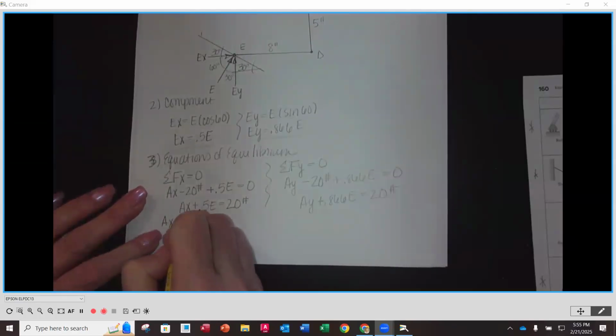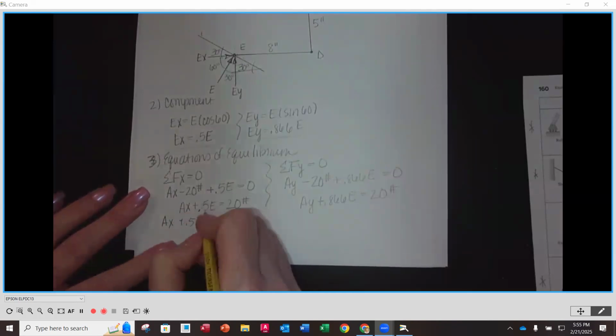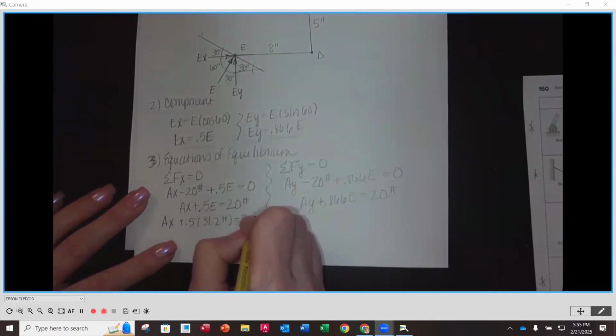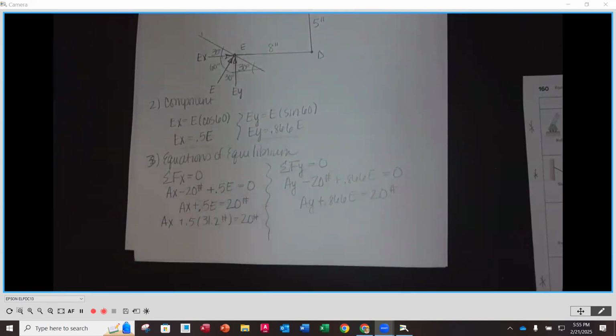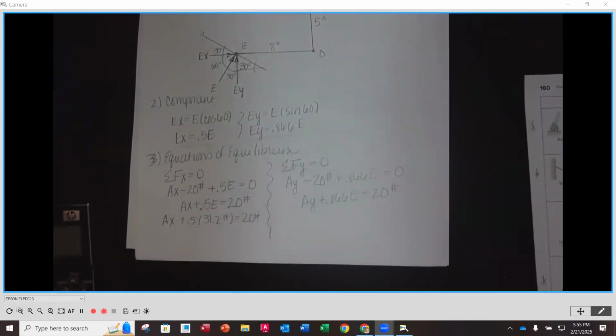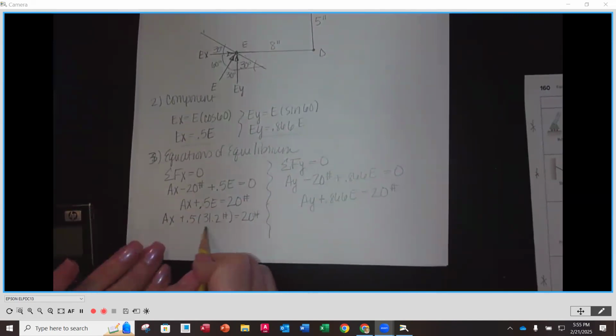So AX plus 0.5 times 31.2 pounds is equal to 20 pounds. I can multiply this together, and that's going to be 15.6. I'm going to move it to the other side right away.